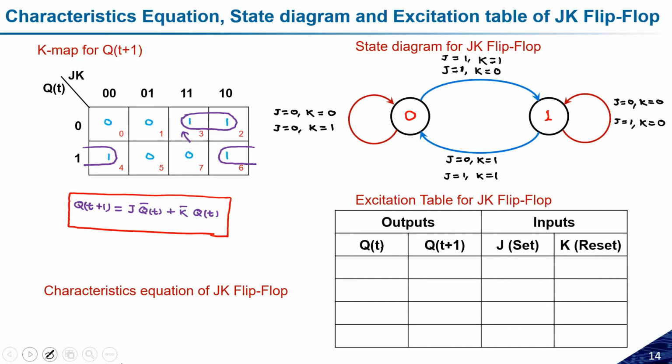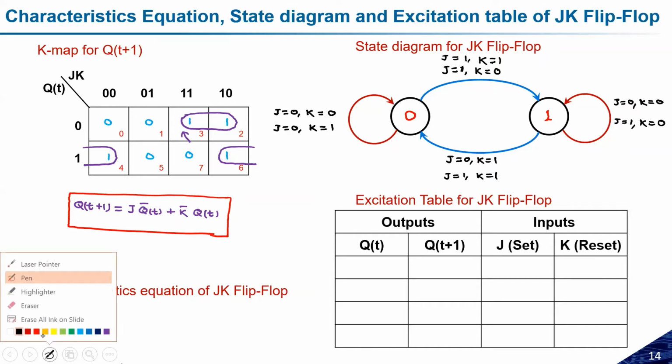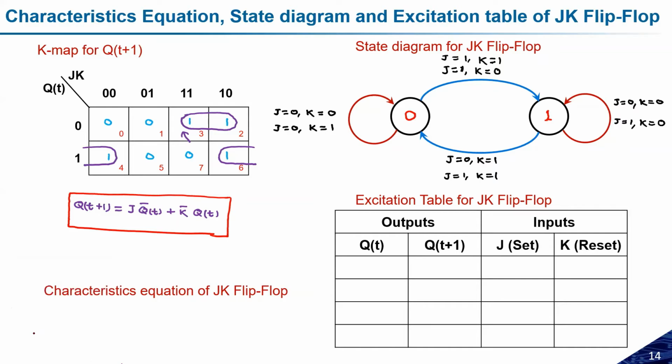So I can have two output states, qt and qt plus 1. Based on that I need to get the combination for set and reset. Let us see based on this state diagram. Again, I can have four possibilities for these two outputs.